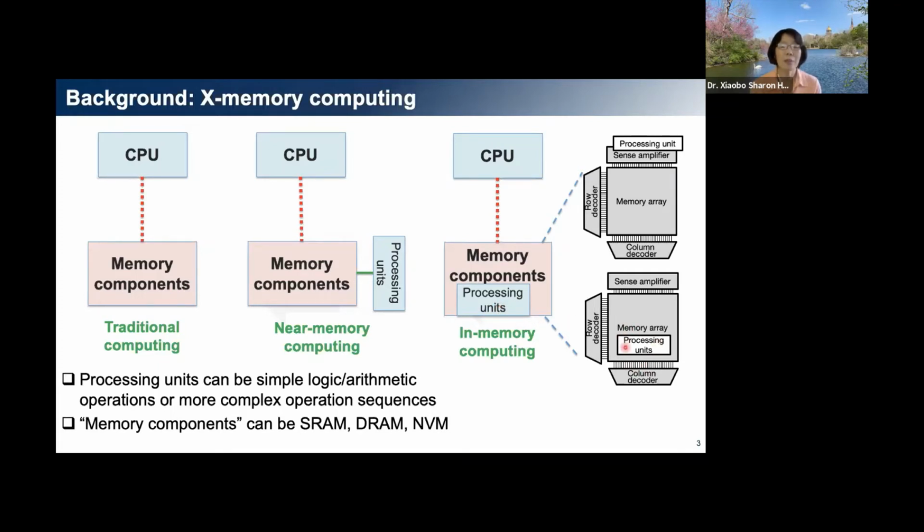One is you have the processing unit inside the memory array itself, in the memory cells. And the other is having the processing unit on the boundary or on the periphery of the memory arrays, but it's still inside the memory component. So immediately you can see that this in-memory computing can be very effective in reducing data transfer, but there are lots of challenges to design such a unit.